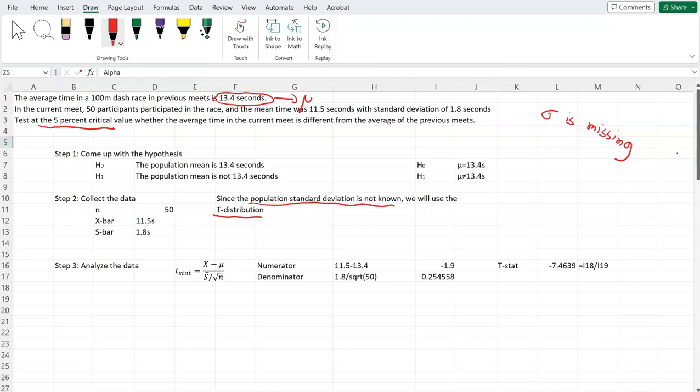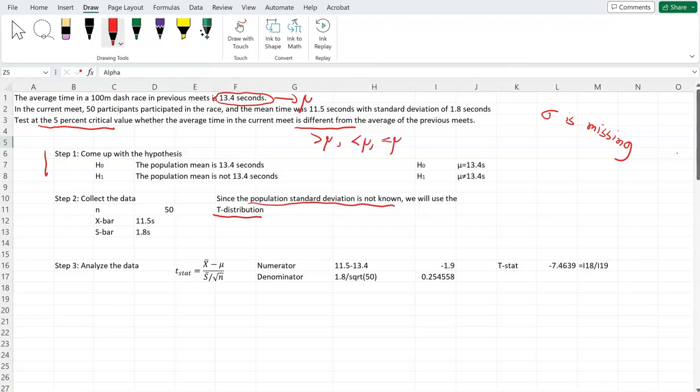So the first step is coming up with the null and alternate hypothesis. Now we have to test: are we doing a one-tail test or a two-tail test? In our case, it is saying to test at the 5% level whether the average time is different, which means it could be greater than mu, less than mu, or equal to mu.